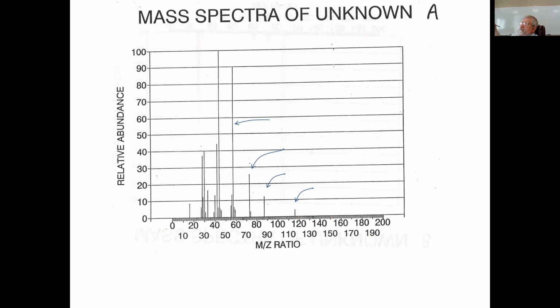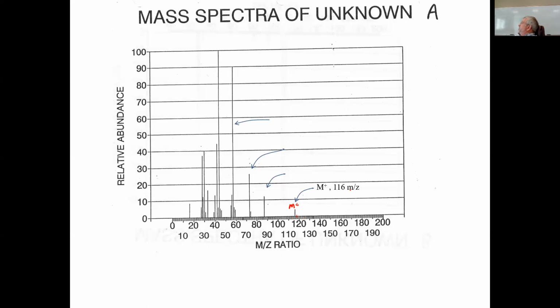Now, we're going to say this is M plus, and there could be some peaks just 1, 2, and 3 greater. So this is the M plus 1 peak, and if you look closely, it's 116 mass to charge ratio.